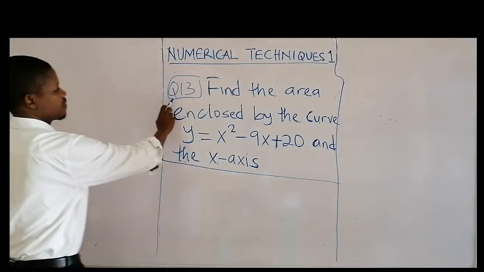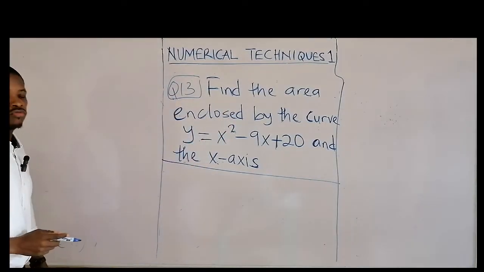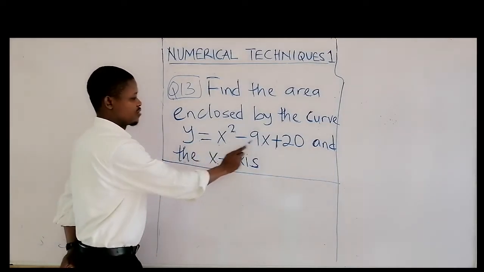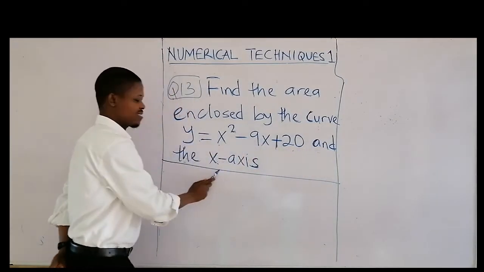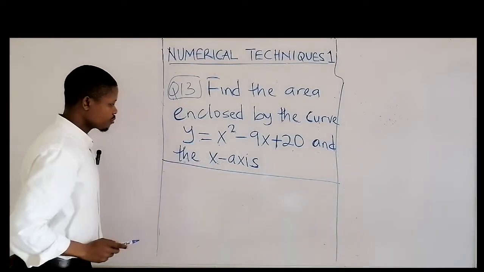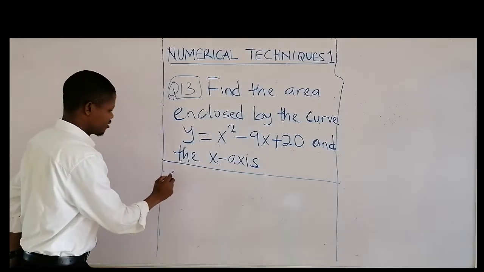Question 13. Find the area enclosed by the curve y = x squared minus 9x plus 20 and the x-axis.